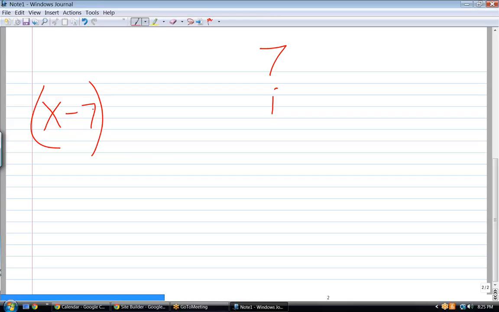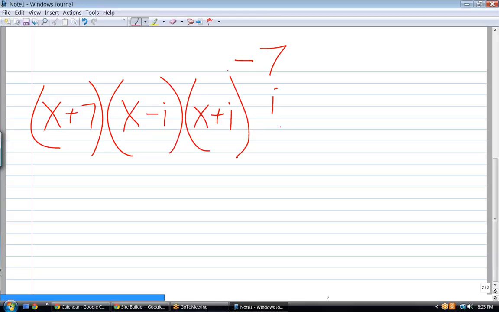Therefore, x minus 7 is the linear factor. It was negative 7 and i. Excuse me. Because we know if i is a solution, minus i is also a solution.